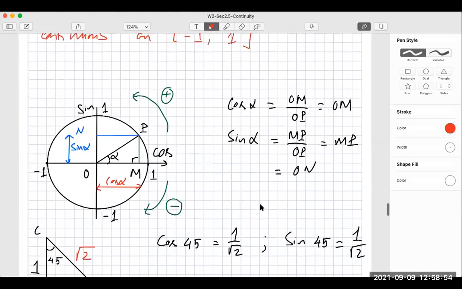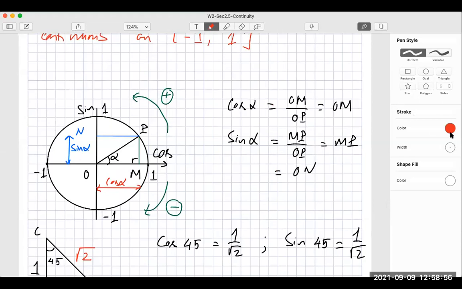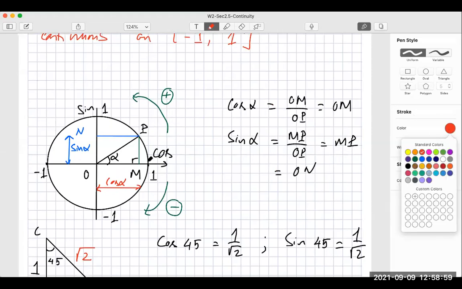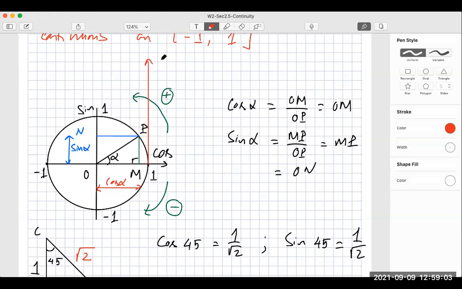unit circle here, as we mentioned last time, this is the tangent axis. This is positive infinity right here.